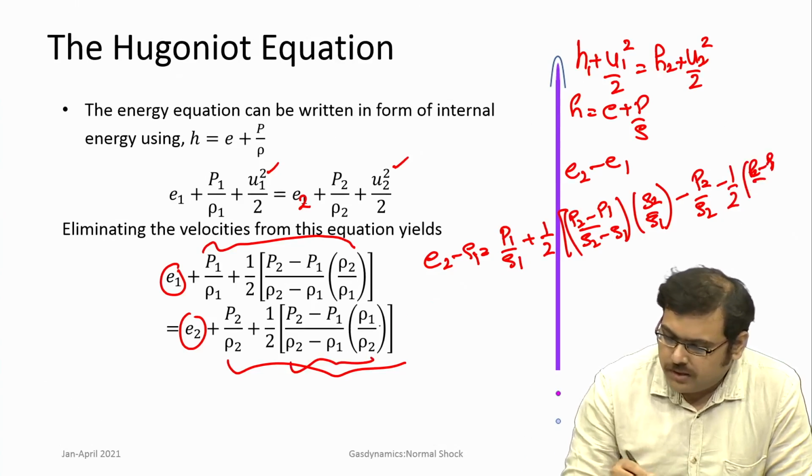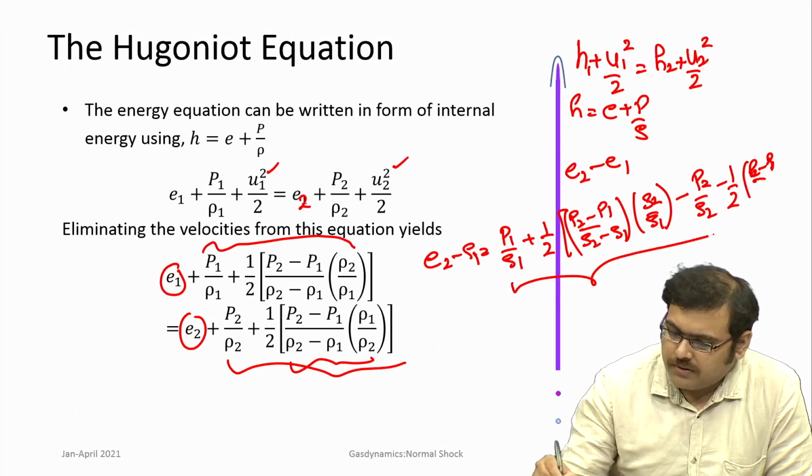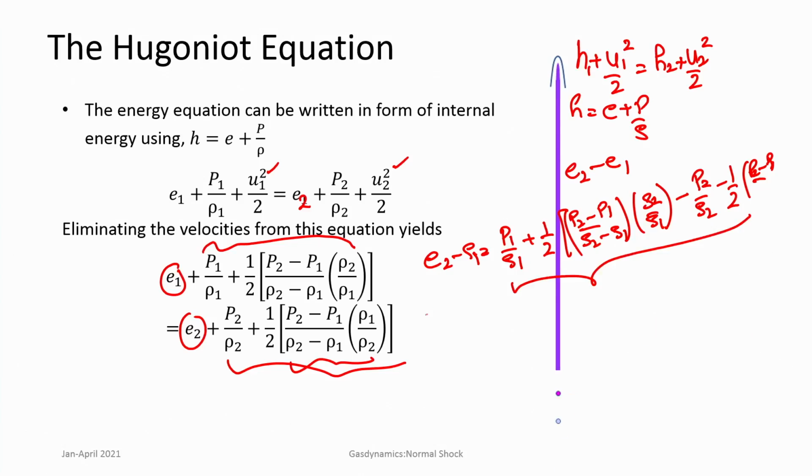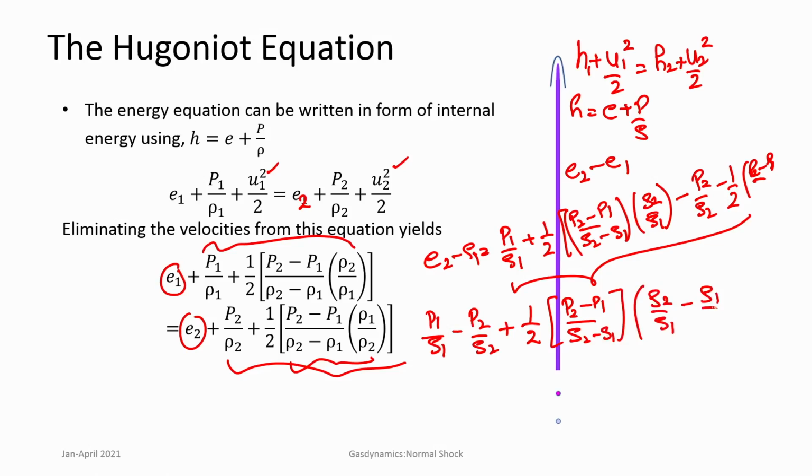Now from here all we have to do is simplify the right hand side of this equation, and there you can observe that there is the group of terms like this: P2 by rho 2 and plus half (P2 minus P1) by (rho 2 minus rho 1), multiplied by rho 2 by rho 1 minus rho 1 by rho 2.